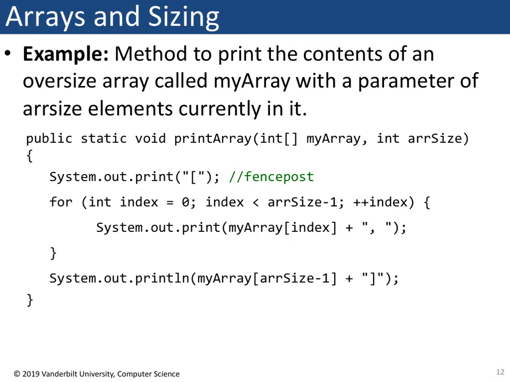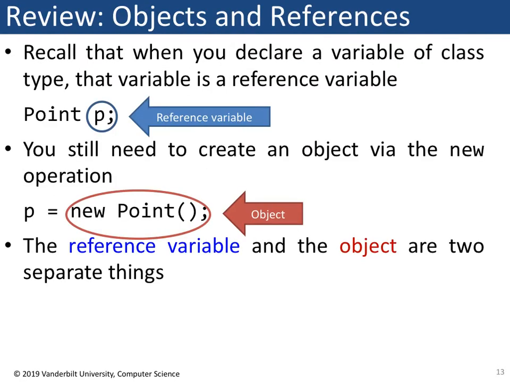So for the last element of the array, we don't want to print a comma after it. Instead, we want to print a bracket. So we are going to terminate with the fence post as well. So we started with the fence post, we have our fencing, and then we terminate with the fence post in this particular instance. So then we will print out the last element of the used portion of our oversized array, followed by a bracket.